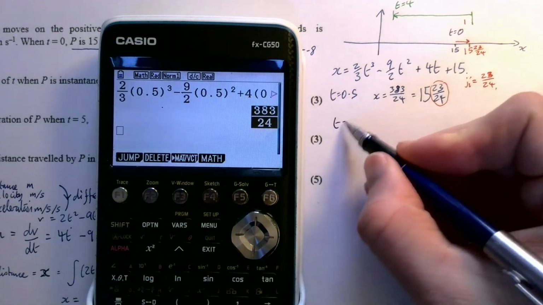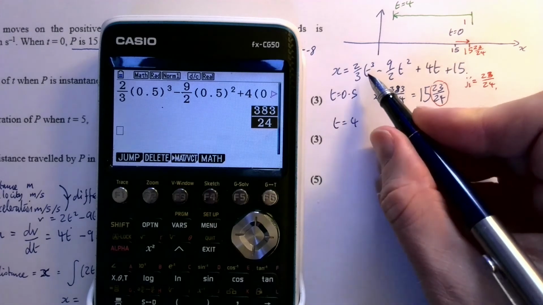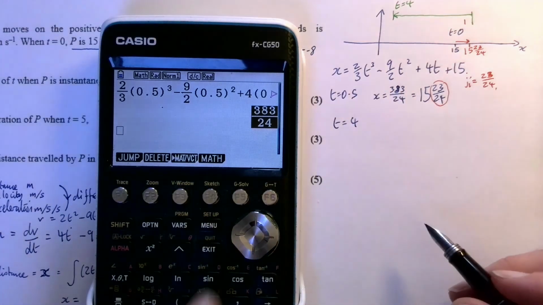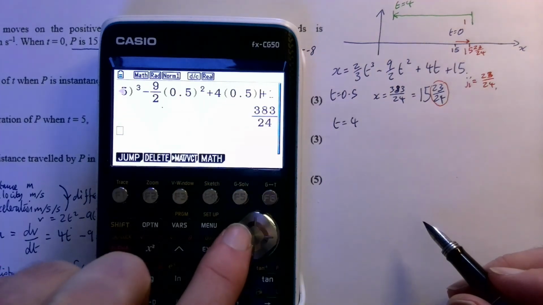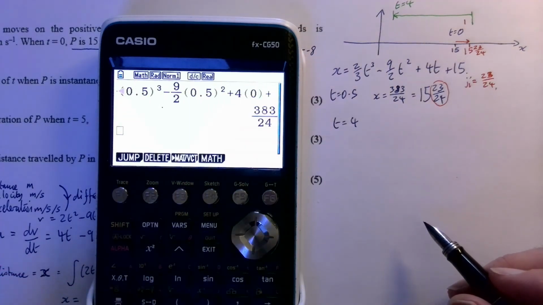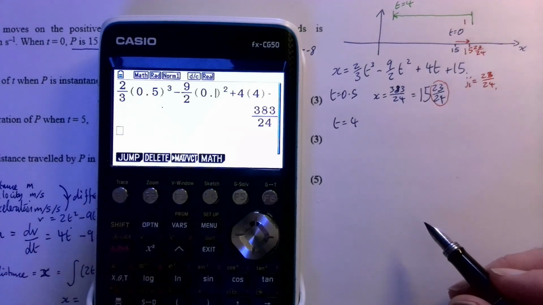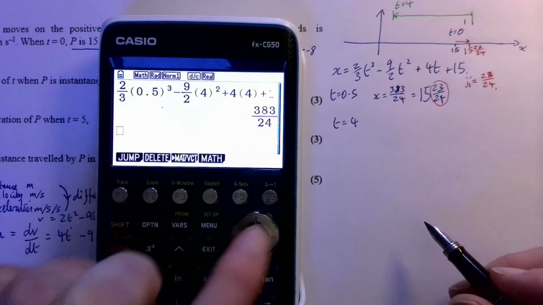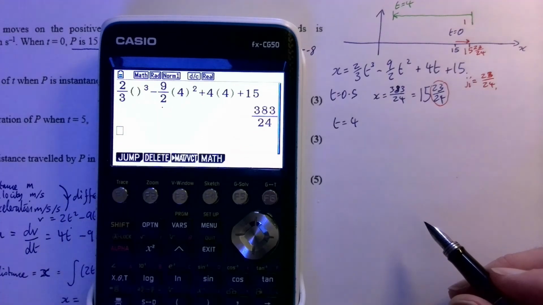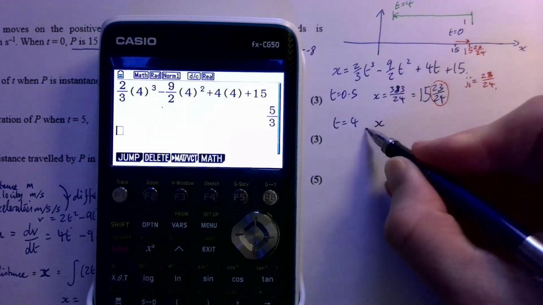So in order to do that, I'm just going to put in t equals 4, and I'm just going to whack that into here. So there's a 4, delete, 4.